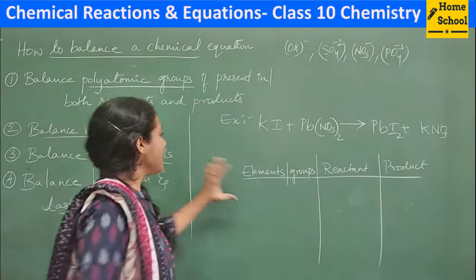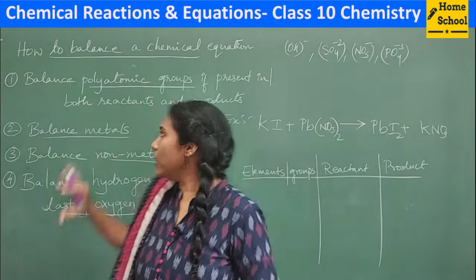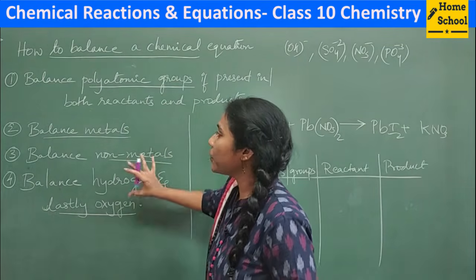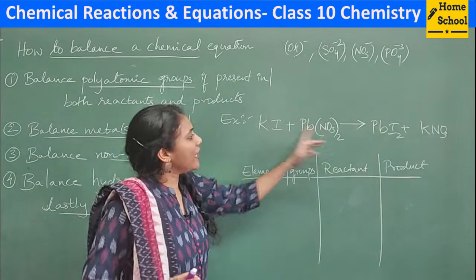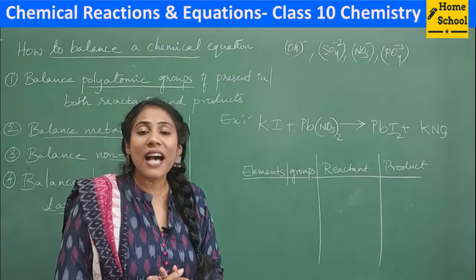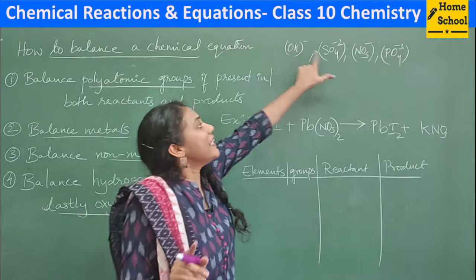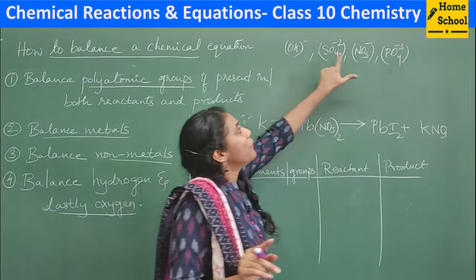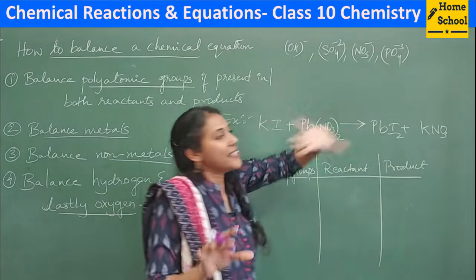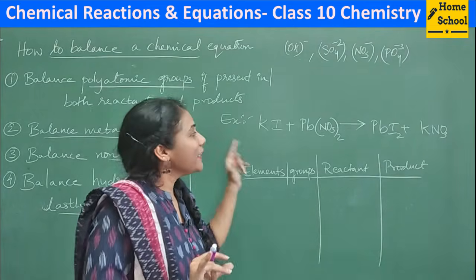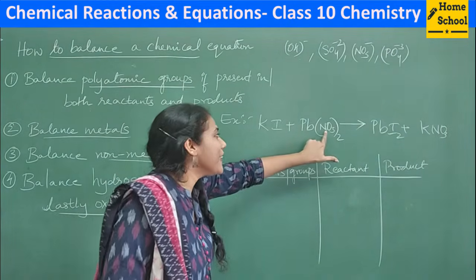So first, what is our rule? We have to balance the polyatomic groups, right? So first identify whether polyatomic groups are there or not. What do you mean by polyatomic groups? Like OH, SO4, NO3, PO4, these types of groups. Do you have polyatomic groups? Definitely.